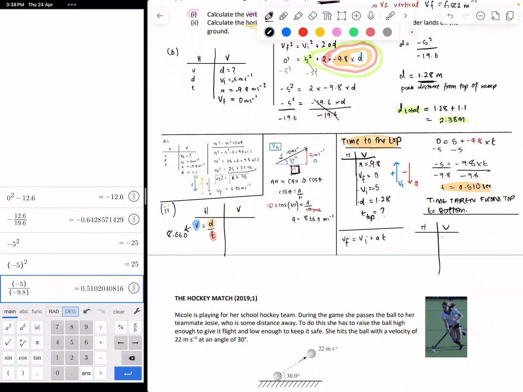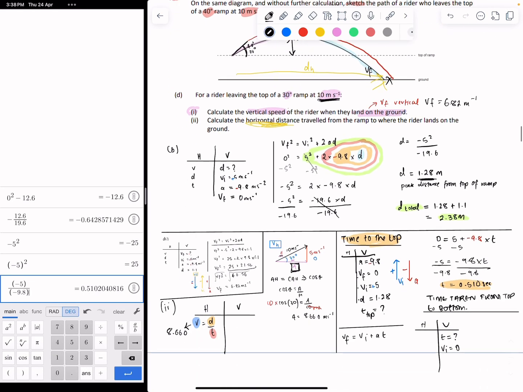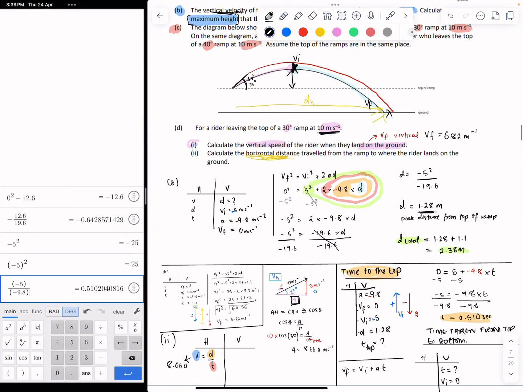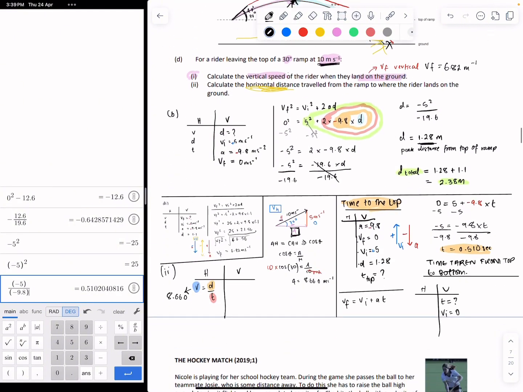We want to find the time taken from top to bottom. We know that our initial velocity this time is 0 because we're starting from here. This is our starting point, okay? And our final velocity is down here. So we're changing our pinpoints.